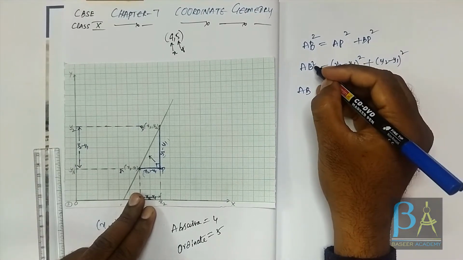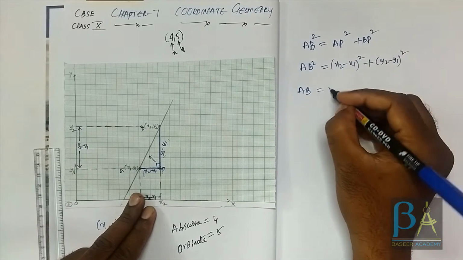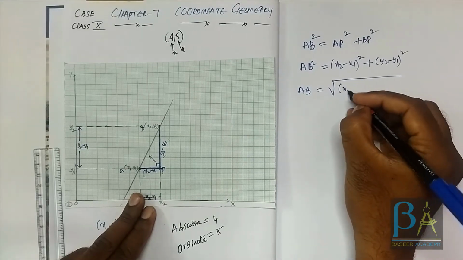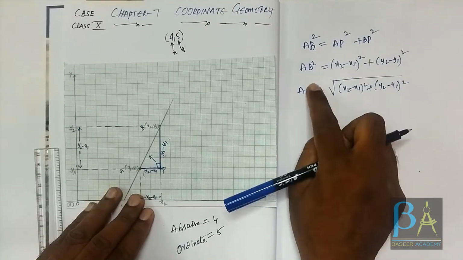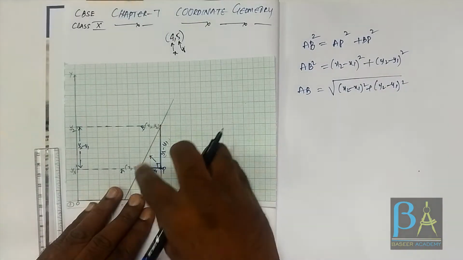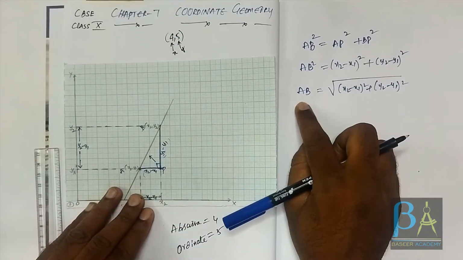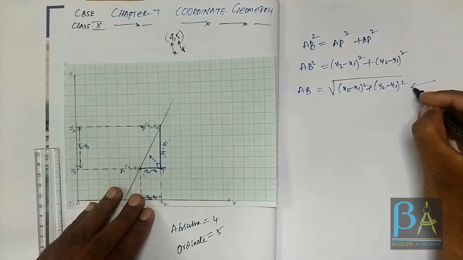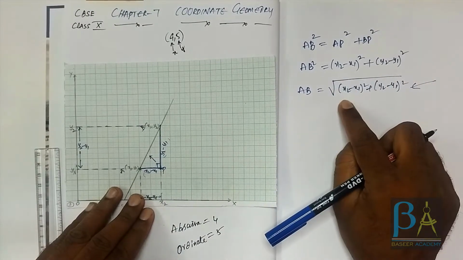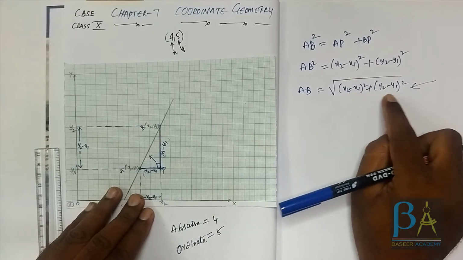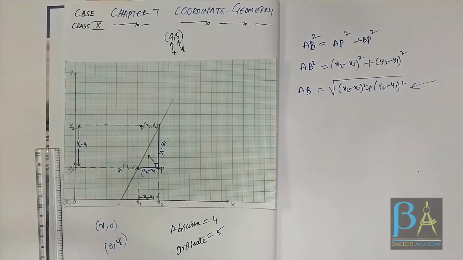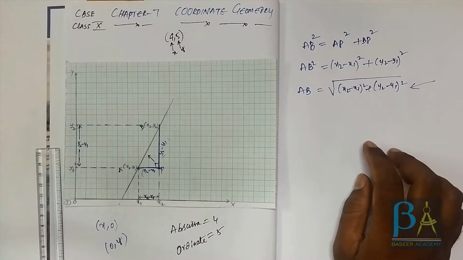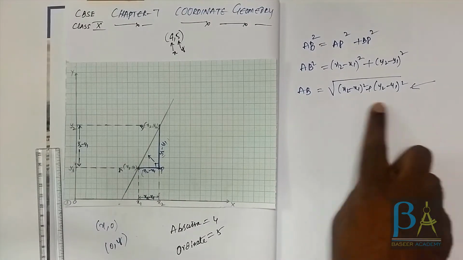Now if I remove the square from the left hand side, I have to keep a square root on the right hand side, isn't it? So AB is the distance between the points A and B, and we see that the distance between the 2 points can be calculated by using the formula square root of x2 minus x1 whole square plus y2 minus y1 whole square. So remember, distance between any 2 points can be found out by using this formula.